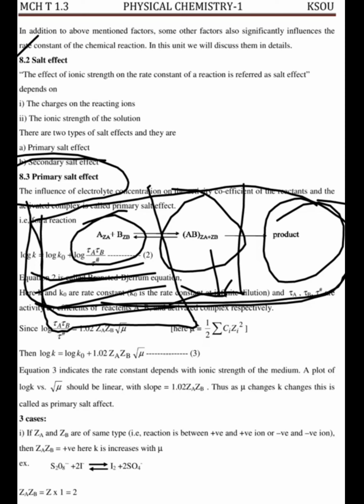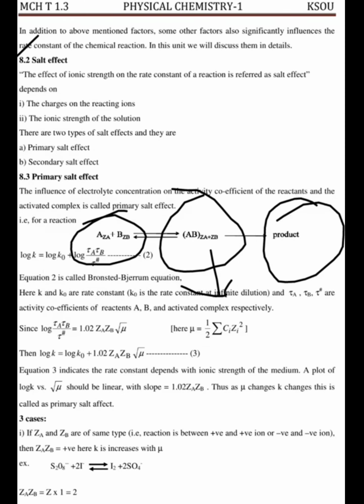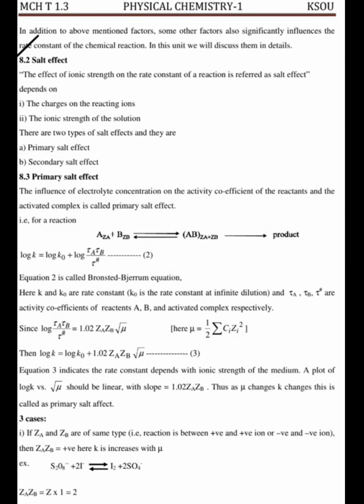So for example, here we have taken A, B. So what does ZA represent? ZA and ZB are the charges of the reactants.